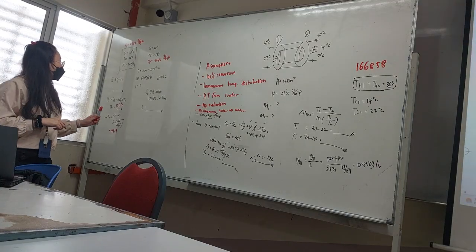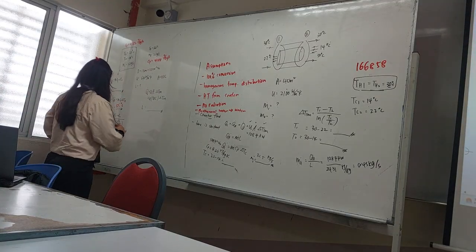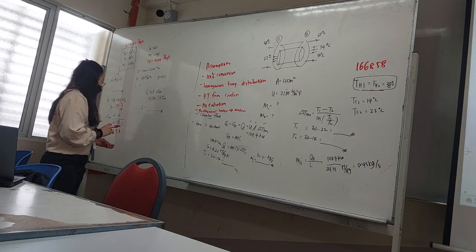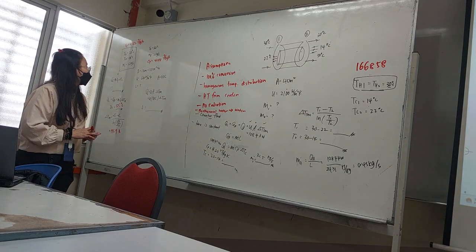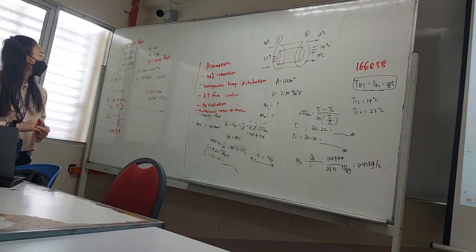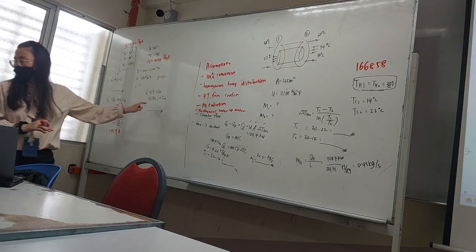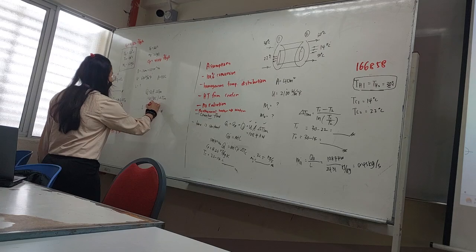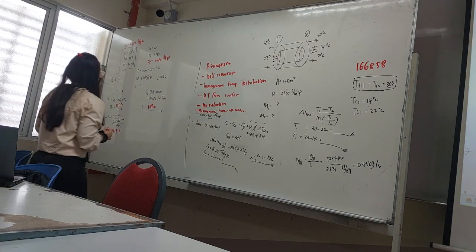Okay, because the U value you use is Kelvin, so here is Kelvin. Then substitute inside, you get the L. Your L value you get 109 meter.